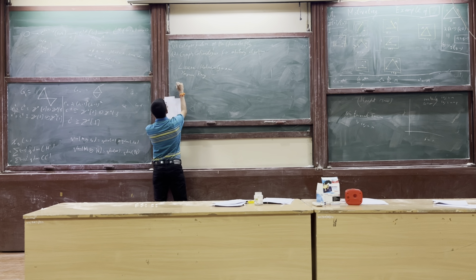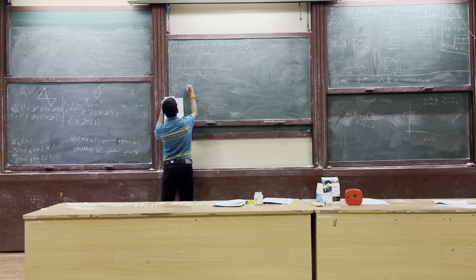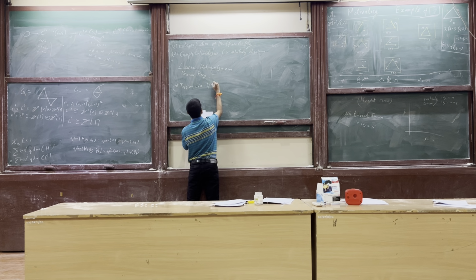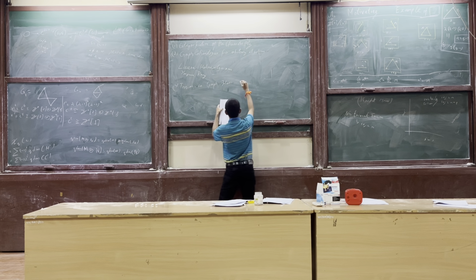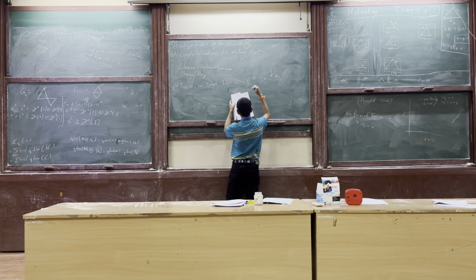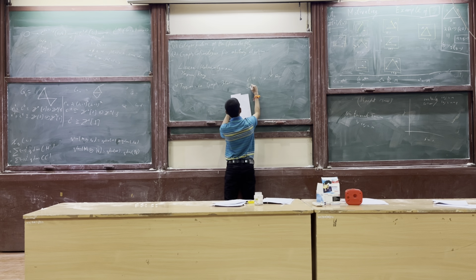Then there is torsion in graph homology. The authors are the same person, with some third person, Joseph.